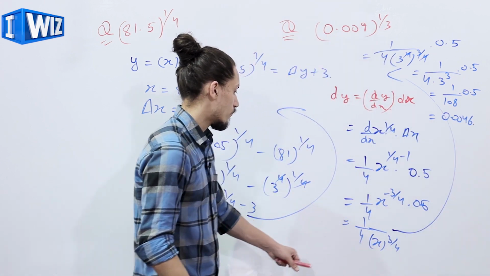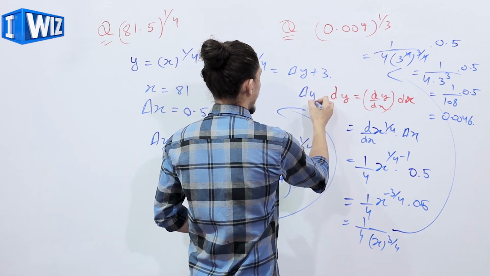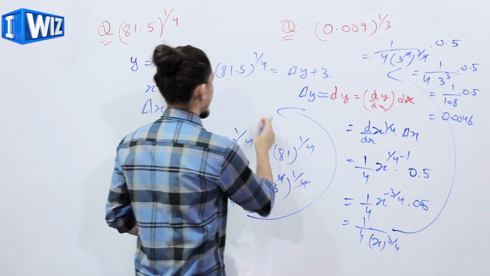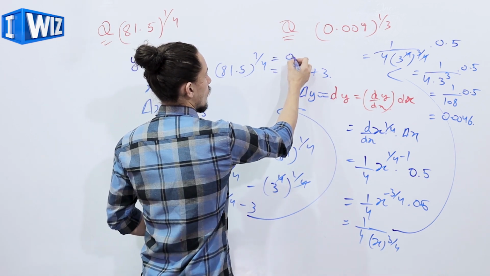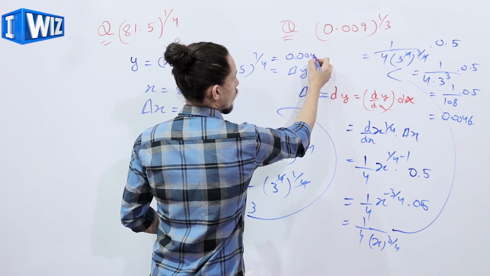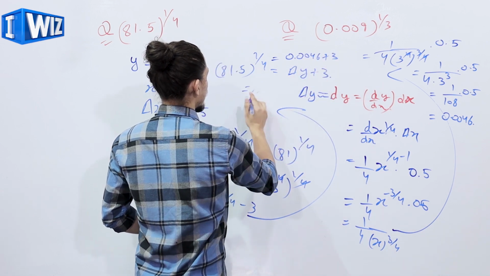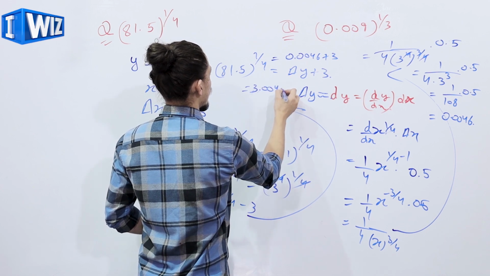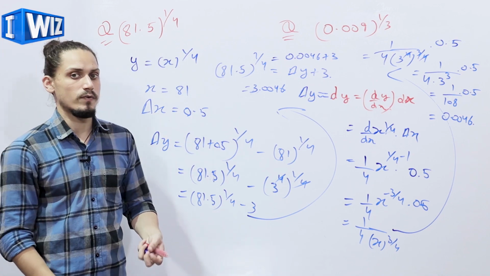So we have the value of delta y, which is approximately 0.0046. So I can write it as 81.5 raised to power 1 by 4 is equal to 0.0046 plus 3, which is equal to 3.0046, which is the approximate value of 81.5 raised to power 1 by 4.